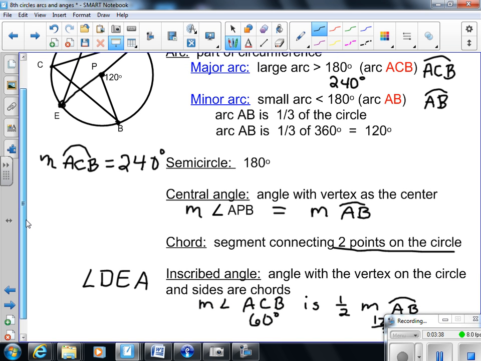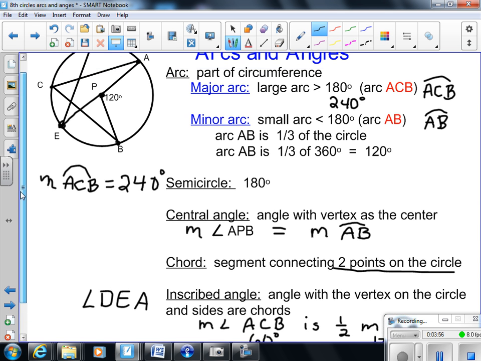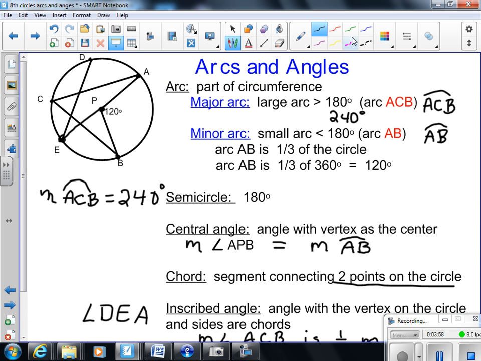All right, now let's talk about some more angles. We talked about an inscribed angle versus a central angle. The central angle is based on, and the key word here is central, or the center. That's where its vertex is. An inscribed angle is different because the vertex lies on the circle and the sides are just chords of the circle. So for instance, this angle right here is what we call an inscribed angle. Angle DEA is inscribed.